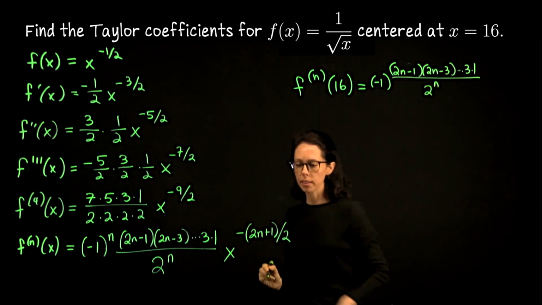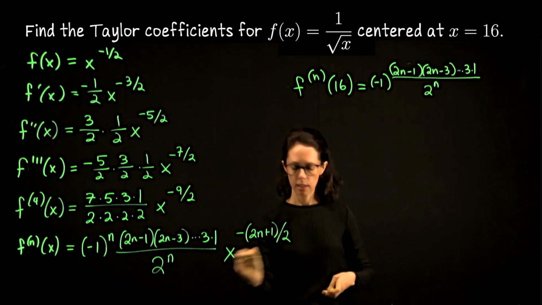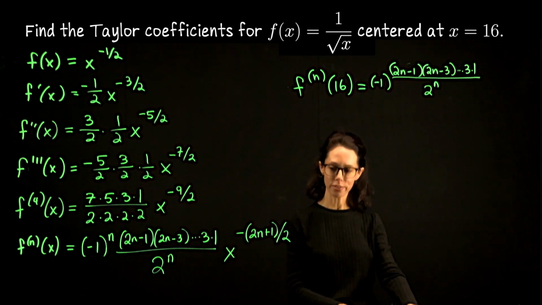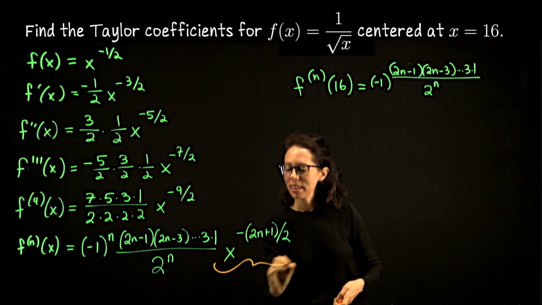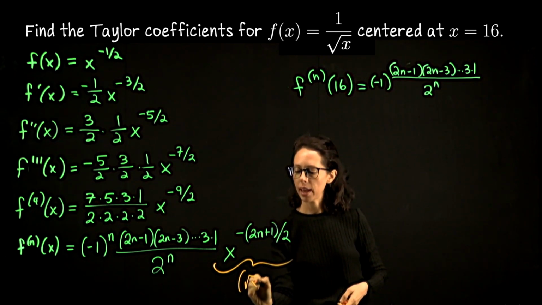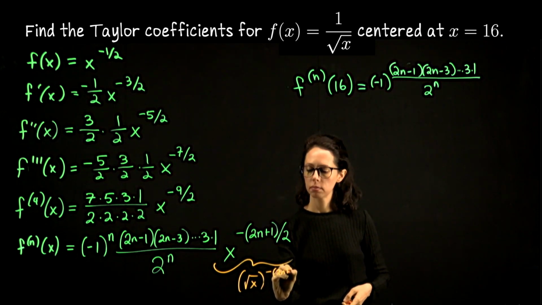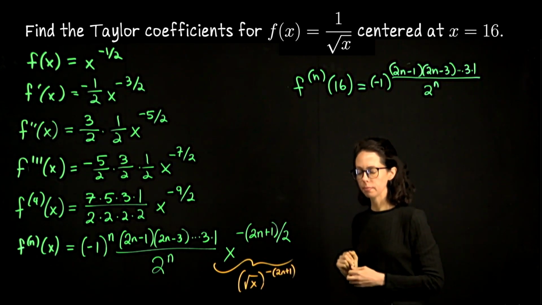This expression might be easier to evaluate if we realize that x to something divided by 2 is like the square root of x, that's x to the 1/2, to that numerator.